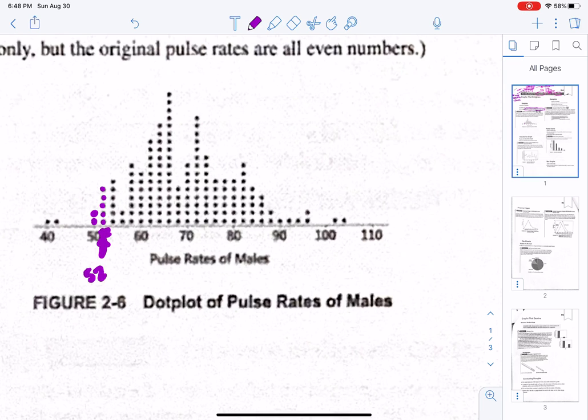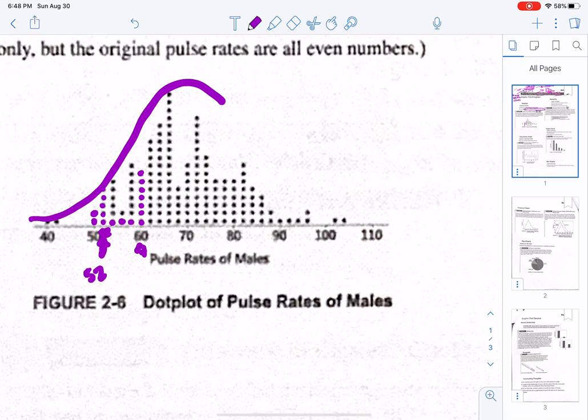52. Okay. This would be 54, 56, 58, 60. So I do have each one of those specific values. Like 60, there was 1, 2, 3, 4, 5, 6, 7. 7 males that had a pulse rate that was exactly 60.